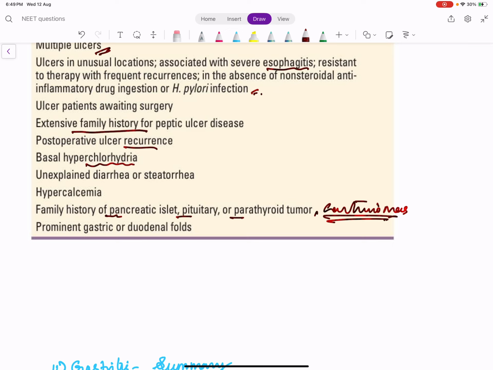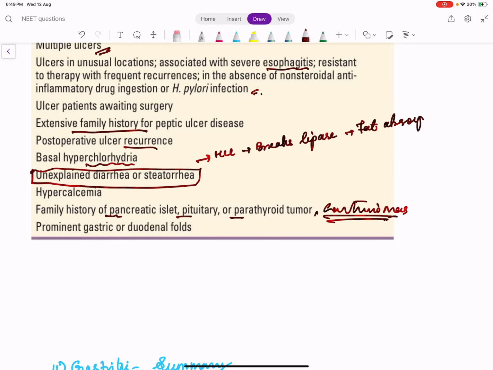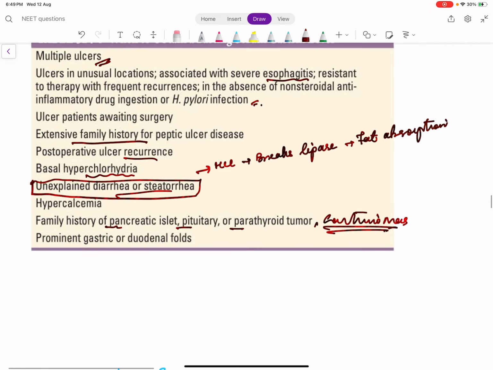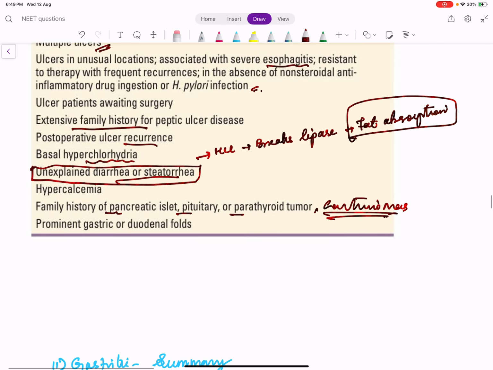Plus there is unexplained diarrhea. Diarrhea occurs because excess HCl breaks down pancreatic lipase. When lipase is broken down, fat absorption is problematic, so it leads to steatorrhea. So multiple ulcers plus diarrhea, think of gastrinomas.